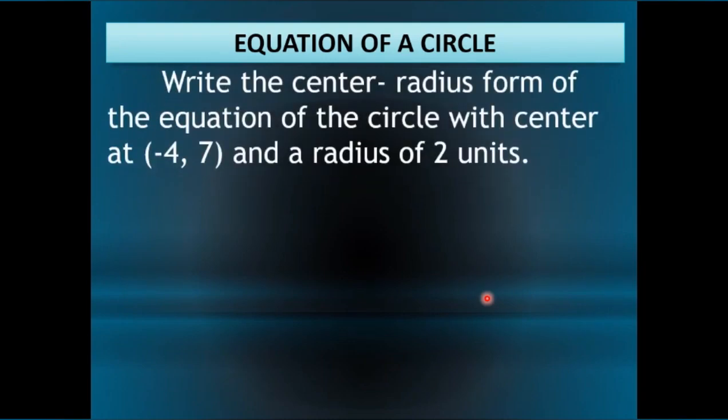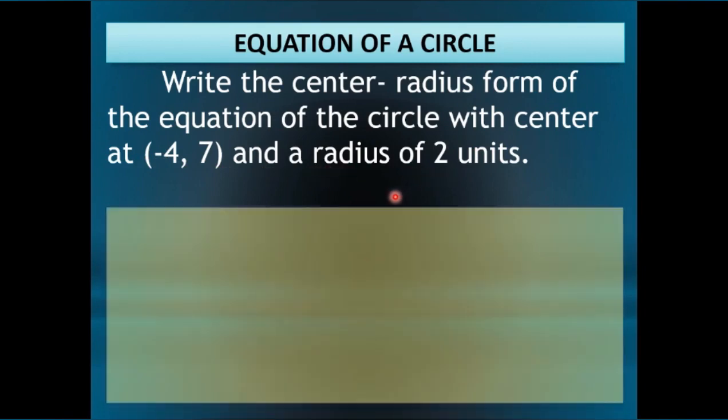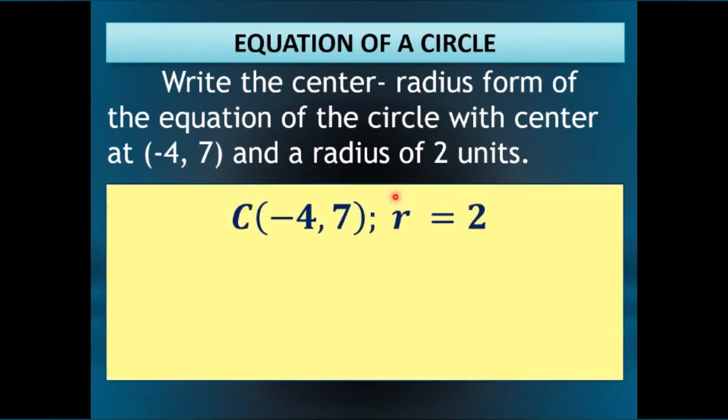Another example, let us write the center radius form of the equation of the circle with center at -4, 7 and a radius of 2 units. So again, the given would be the center will have -4, which is our h, and our k will be 7, and the radius, or r, will be equal to 2.